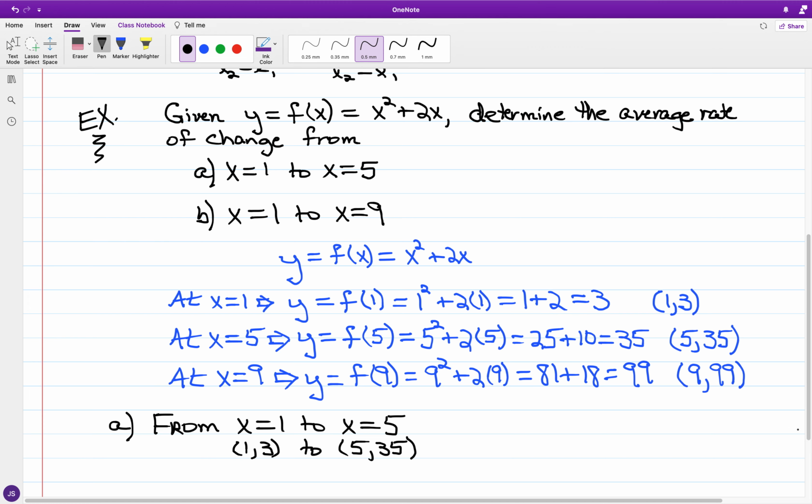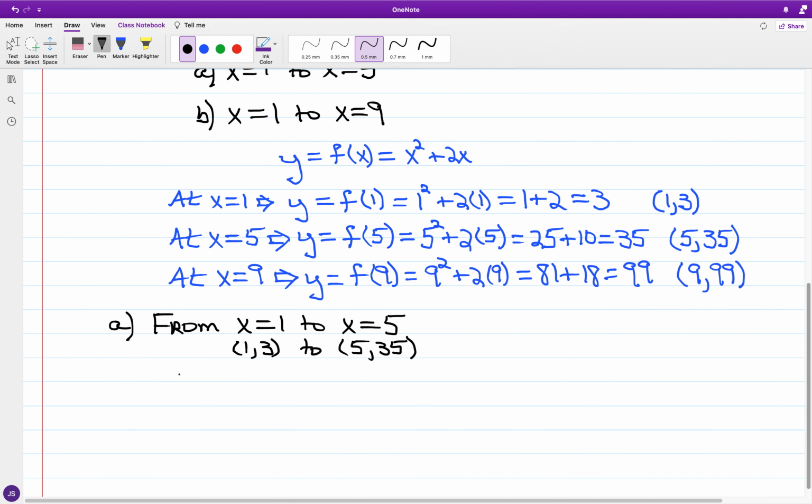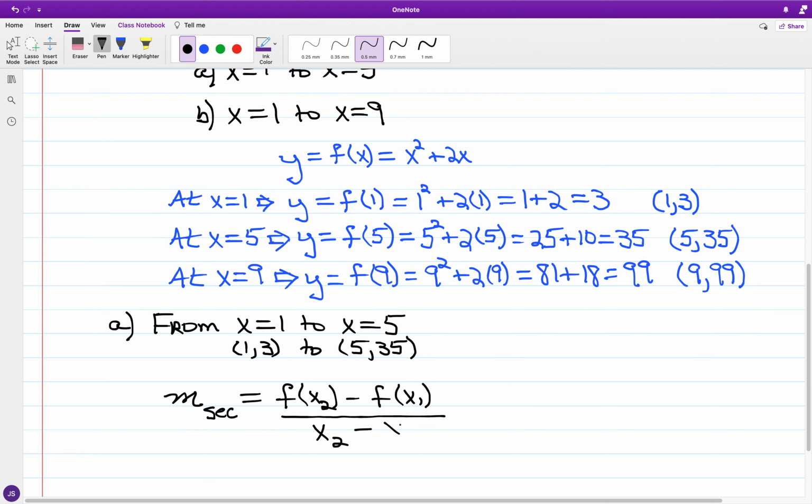And for the average rate of change, again, that's going to be the slope of the secant line. So again, we have f of x2 minus f of x1, all over x2 minus x1.